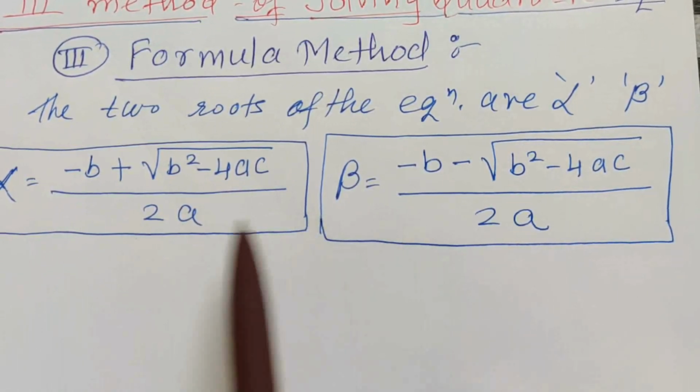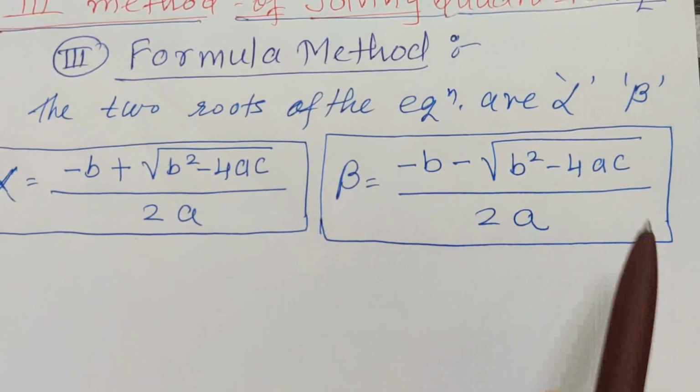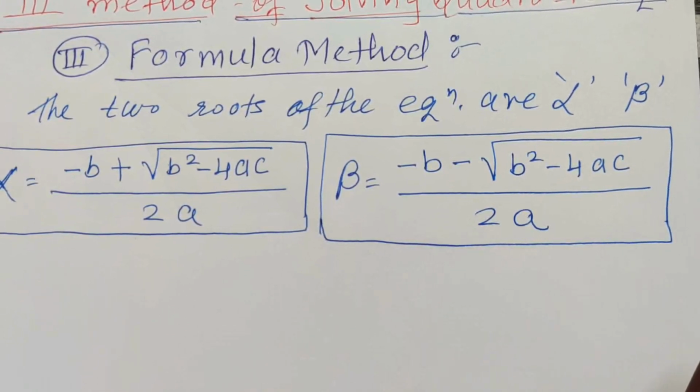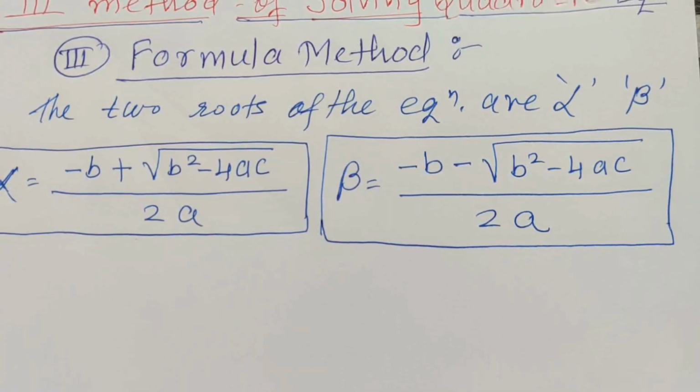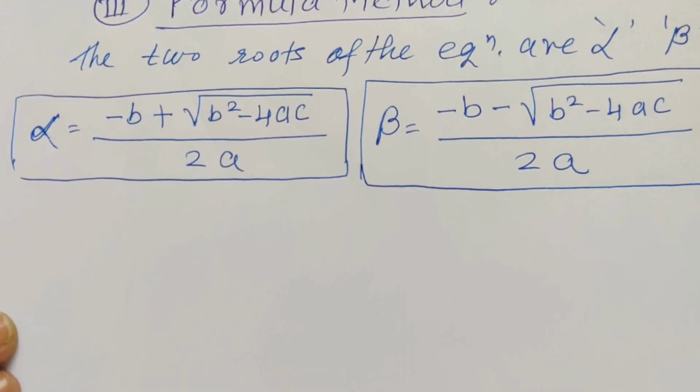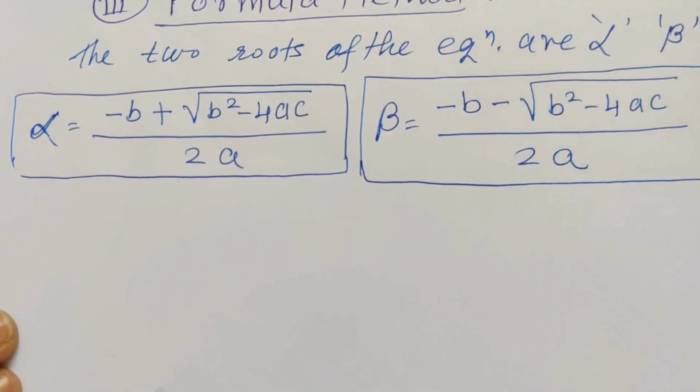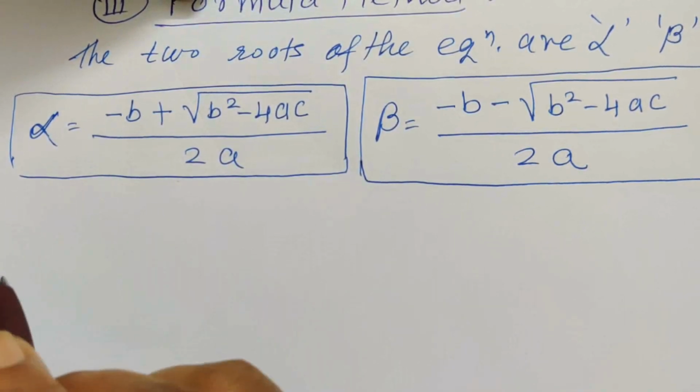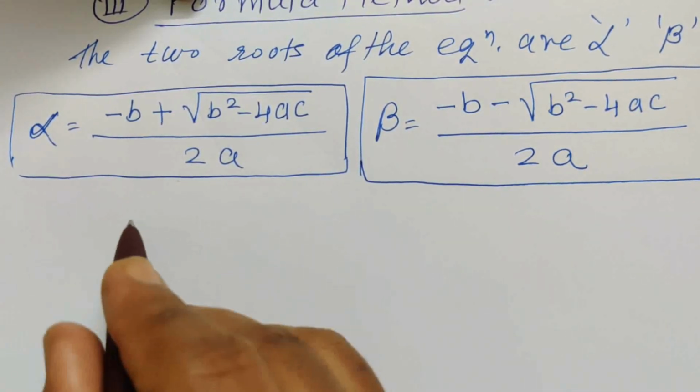If you don't want to use these two formulas separately, then also we have a common formula. So that common formula I will write here. The formula is the same. The roots or the variable are shown by x.